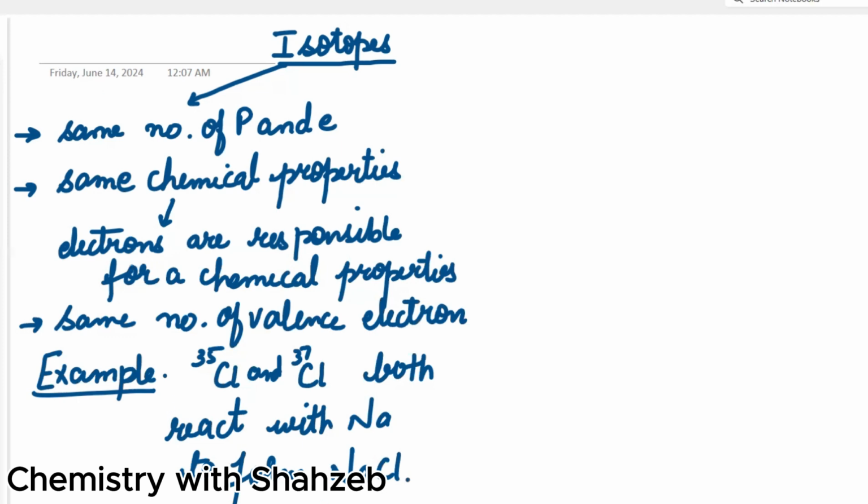We have to remember that this question can arise in the paper, why isotopes have the same chemical properties. The answer lies in that they have the same number of valence electrons, or you can even answer that they have the same number of electrons. Okay, so both would be correct.